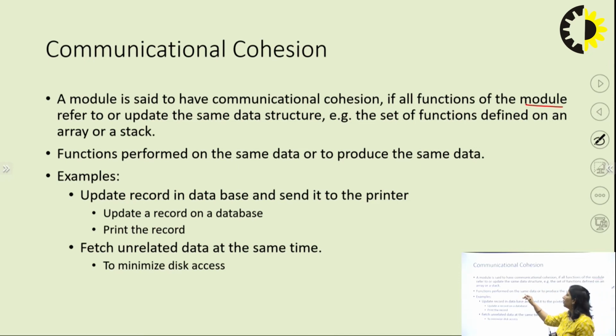So the functions are performed on the same data or to produce the same data. For example, update a record in the database and send it to the printer. Update and send for printing: you update a record and print the record. Or some unrelated data items, for example to minimize disk access also.